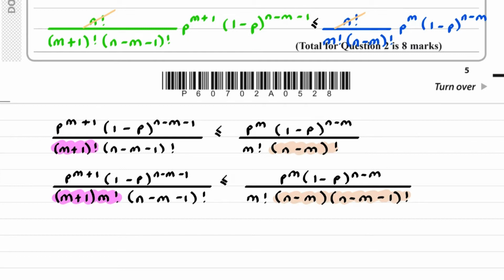So now let's see what cancels. Well, the m factorial cancels, and so does the n minus m minus 1 factorial. Those cancel.